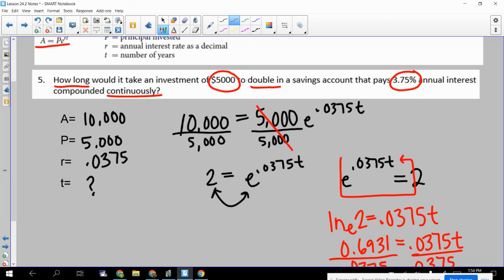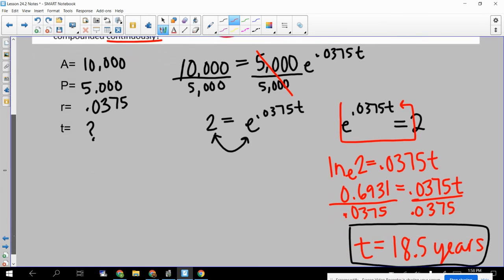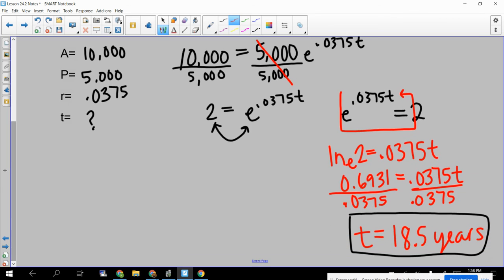Again, you need to flip-flop those so you can convert it to a log. This is going to convert to a natural logarithm. And then you're going to plug the left side into your calculator, and you should get 0.06931. And you're going to divide by the 0.0375 and get an answer of the time would be 18.5 years.